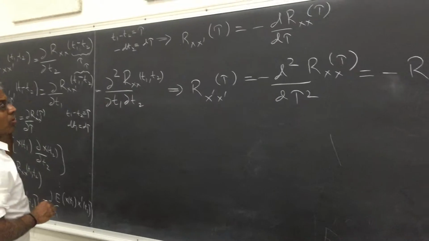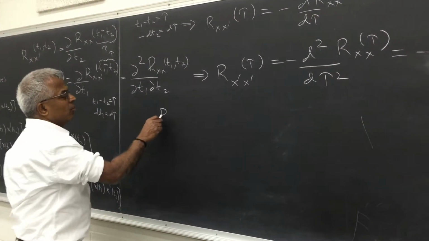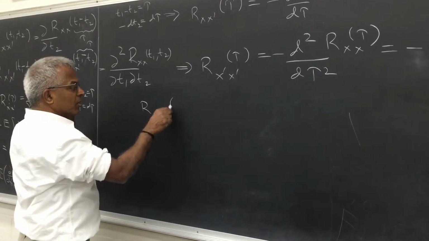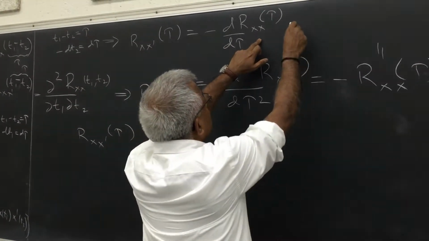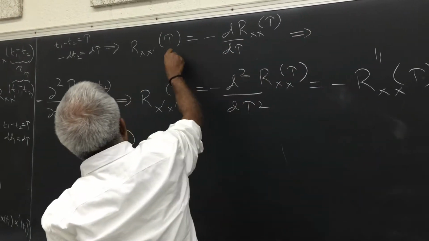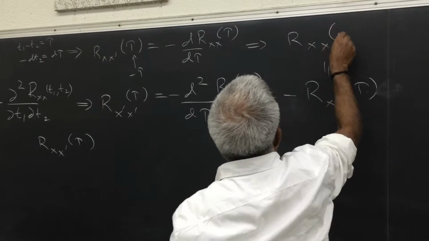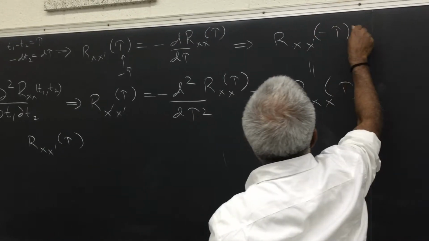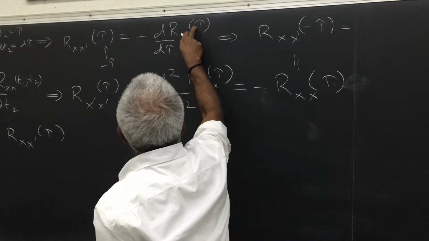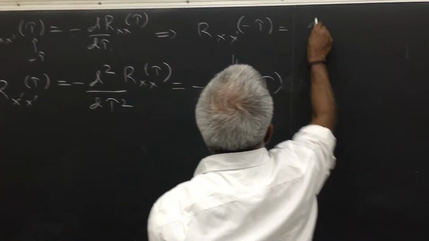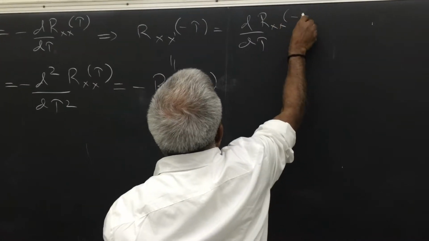As a simple consequence, if you look at R_xx'(tau) here, in this expression, if you replace tau by minus tau everywhere, you get R_xx'(-tau), which is d by d tau of R_xx(-tau).